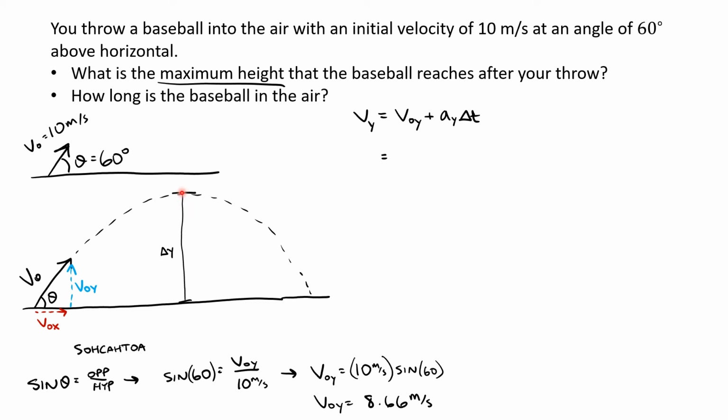It's going to stop. So its vertical final velocity, right at the peak, will be 0. So this final velocity is 0 at the peak of this parabola.